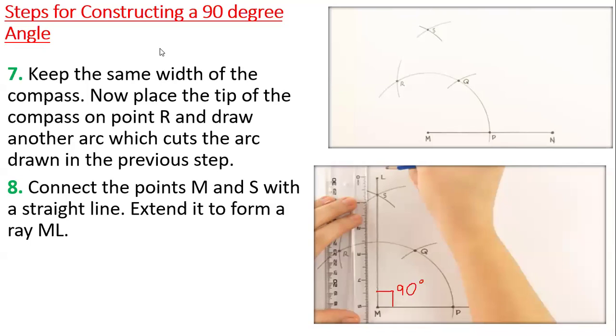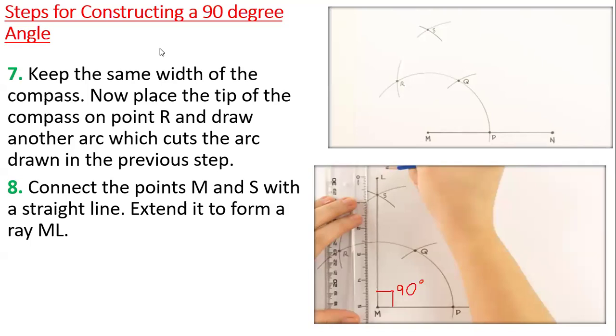Malaya, do you understand how I got this? Yes, sir. What did I do? You kept the same width of the compass and placed the compass on the point R and drew another arc that cut the arc drawn.